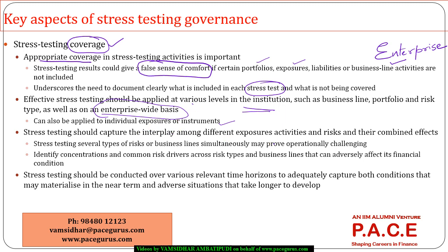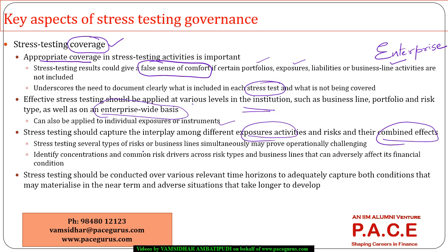And there should be an understanding of various exposures, the correlations between them, the combined effects, the portfolio effect that they are going to give, the diversification benefits each of them is going to give. All those things need to be included as a part of the coverage.